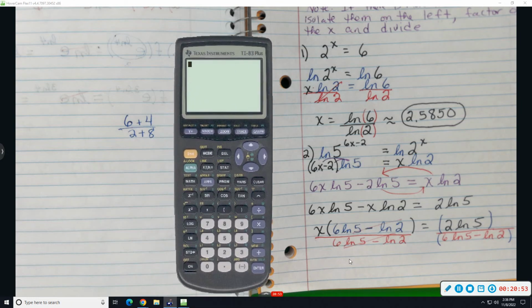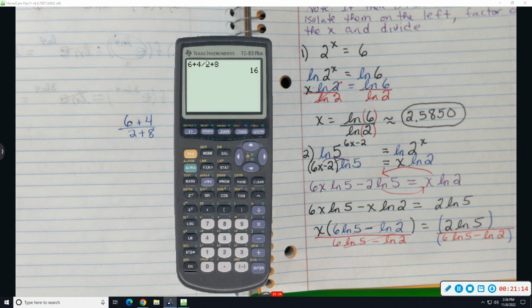If I punched into my calculator 6 plus 4 divided by 2 plus 8, we know it should be 1, but it's sure not giving a 1. Let's see, what is it going to do? A 16? Yeah. That order of operations, please excuse my dear Aunt Sally.